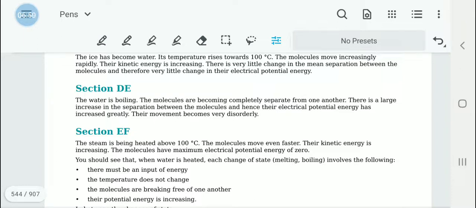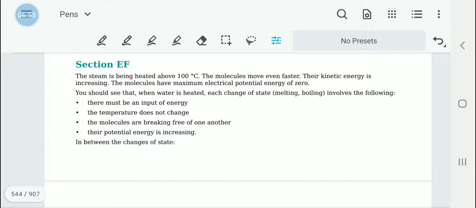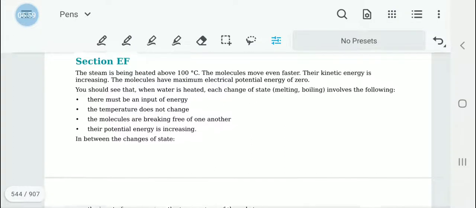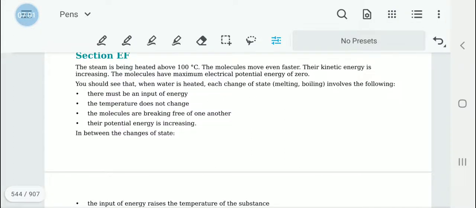There is no particular order, and the electrical potential energy increases because the mean separation is increasing greatly. Then beyond 100 degrees Celsius, the molecules are really fast and kinetic energy is really increasing. Maximum electrical potential energy would be gained because they are virtually non-relatable to each other. So that is actually what happens here.